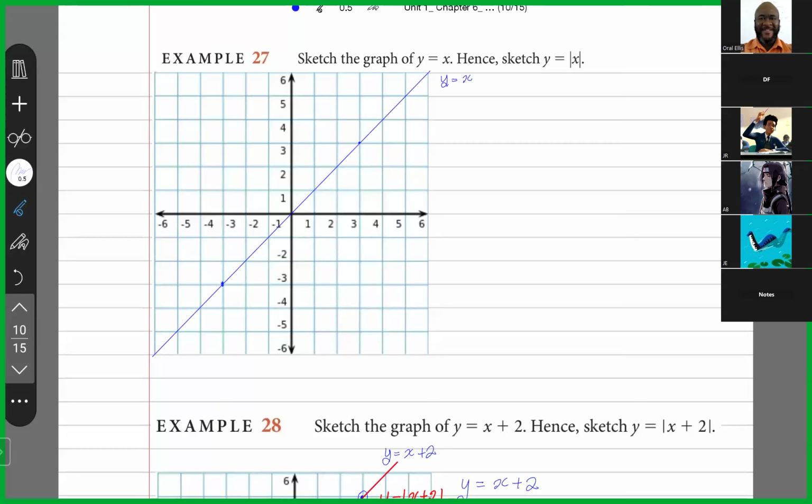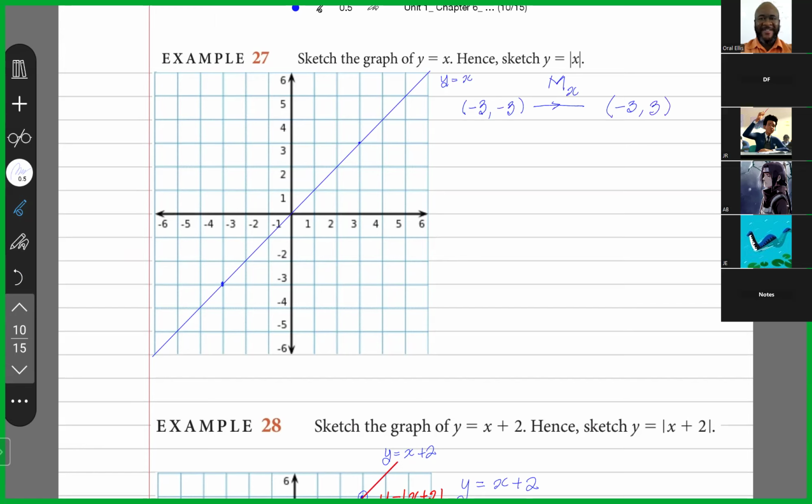Now, we have already identified a point on the graph that is below the x-axis. We have identified the point -3, -3. If we reflect -3, -3 in the x-axis, it's going to become the point -3, +3.